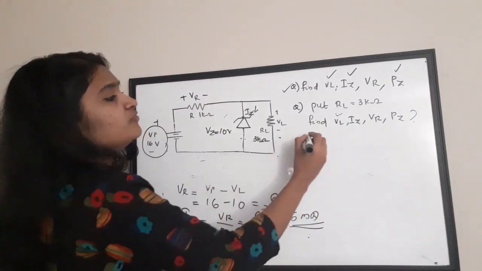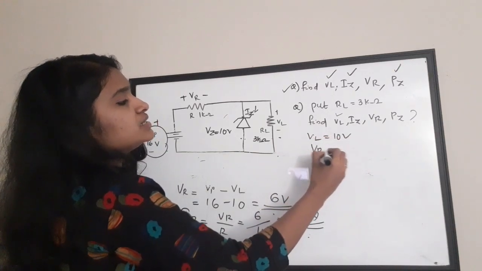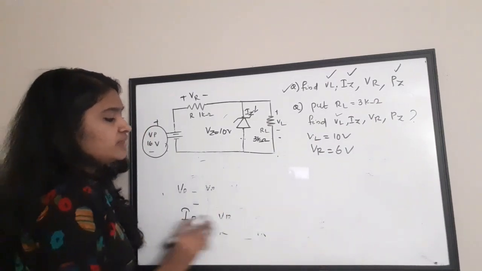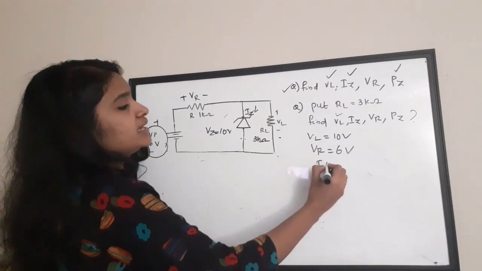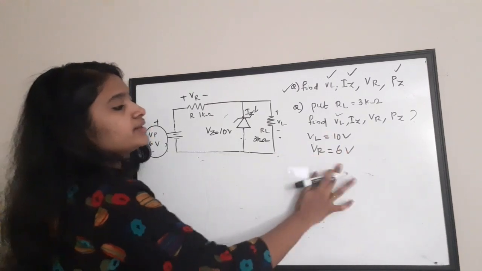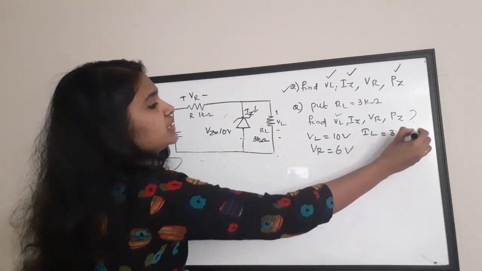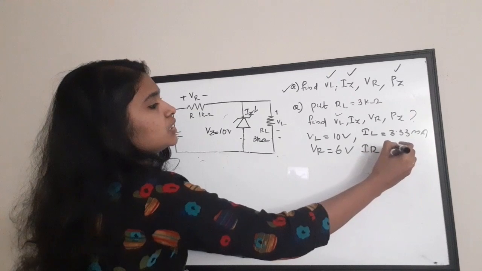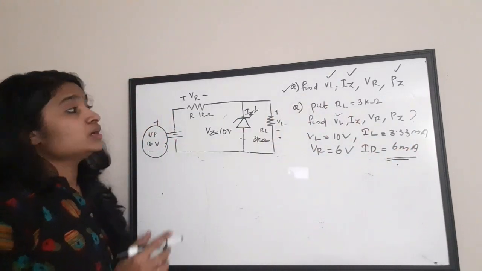We have VL is equal to 10 volt. We have VR is equal to 6 volt. Also, we have the value of currents. That is, IL is equal to 3.33 milliampere and IR is equal to how much? 6 milliampere. This much we have.